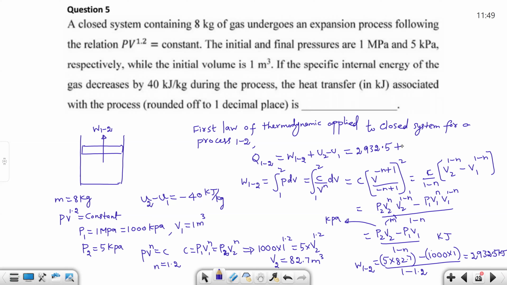Change in internal energy. See, internal energy decreases, so negative sign. 40 kilojoule per kilogram, so multiply by mass 8.